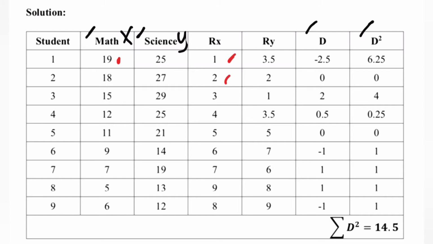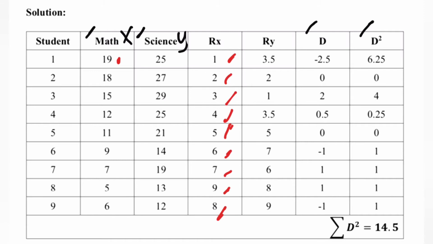Therefore, yun yung pang second. 15 yung pangatlo, yung 12 yung pang-4, 11 yung pang-5th, 9 is pang-6th, syempre yung 7 sumunod naman sa kanya, okay, 5 and 6, syempre yung pang-8 natin ay yung 6 kasi nga ranking ito, and then yung 5 yung pang-huli na 9.